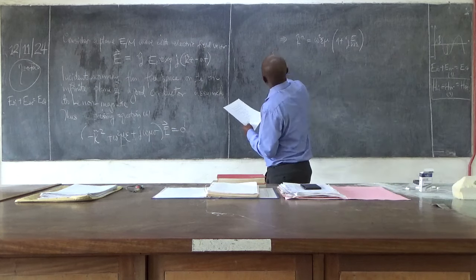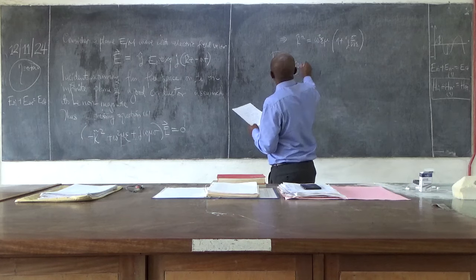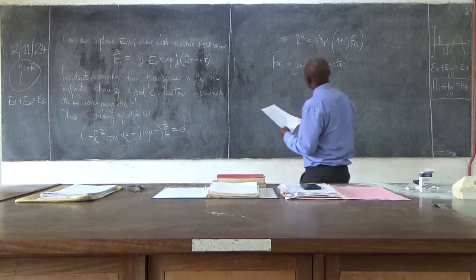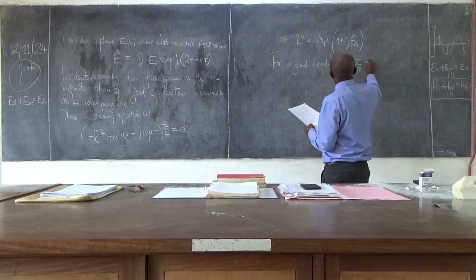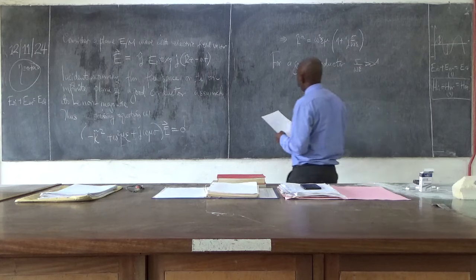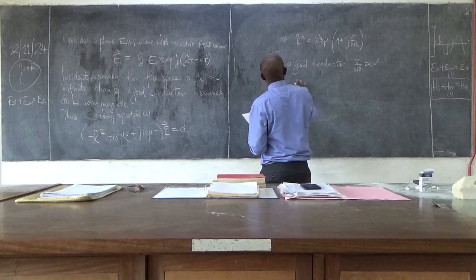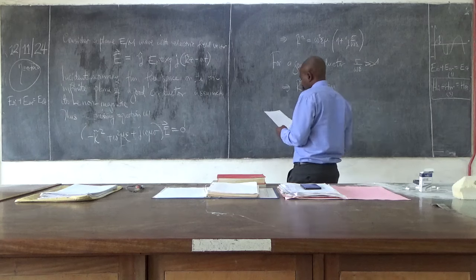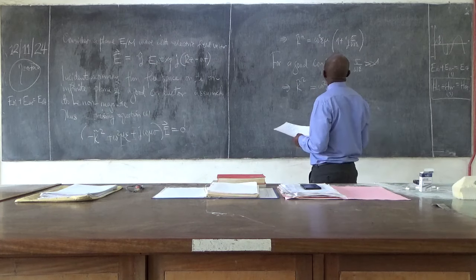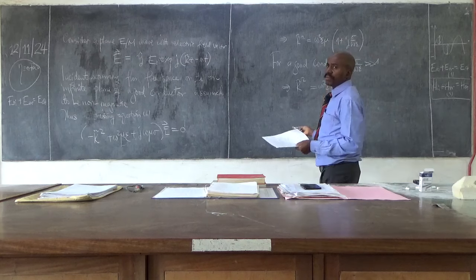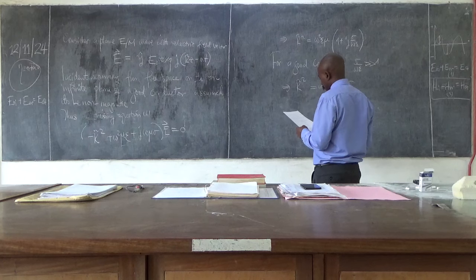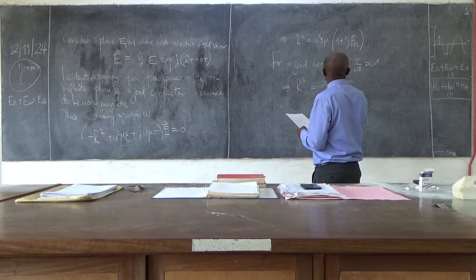I'm just doing algebraic gymnastics. For a good conductor, we would have that sigma over omega epsilon is much, much greater than 1, implying that our k wave squared would equal omega squared epsilon mu, and since it is much greater than 1, the 1 is negligible. So you remain with sigma over omega epsilon, then you got a j.